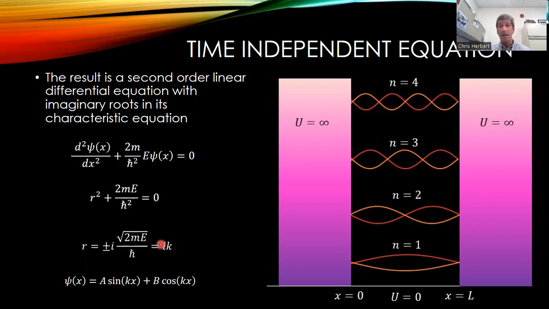So that means that my solution for this wave function can be written in terms of sines and cosines. And again, you can do this a number of different ways. You can do it with complex exponentials, but really, it's much easier to deal with sines and cosines.